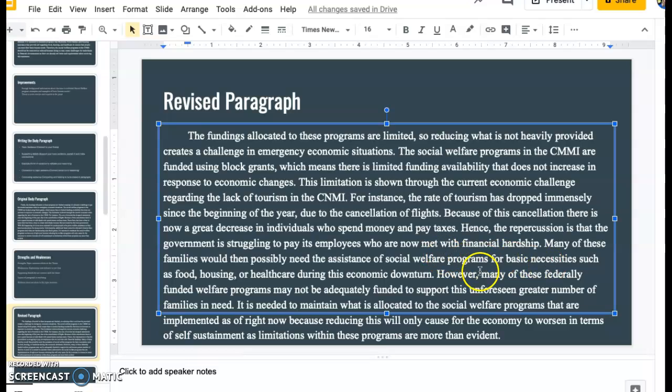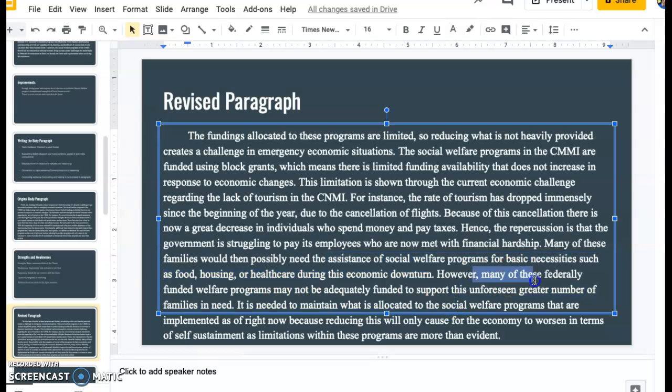So, as you state, hence the repercussion is that the government is struggling to pay its employees who are now met with financial hardships. They will need assistance of social welfare programs for basic needs like food, housing, or healthcare. See, you're explaining it a lot more.